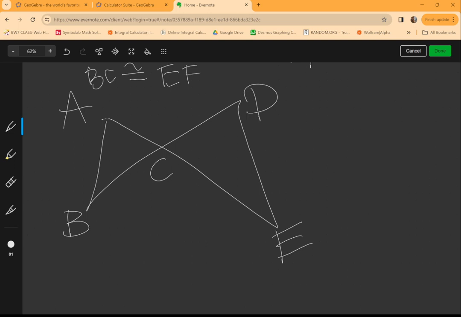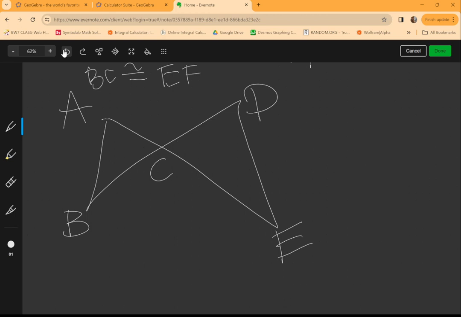What is not clear is, if I say angle C, what am I referring to? Am I talking about this angle here, or these angles over here? It's not clear which angle I am referring to when I say C.